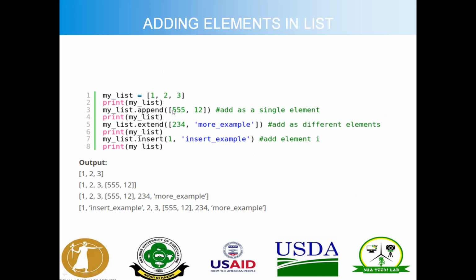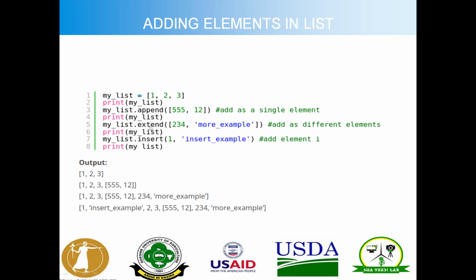You see, by adding 555 and 12 using the append function, it will add 555 and 12 as a single element. So it is a list, but 555 and 12 have been grouped as one item, as you can see here.